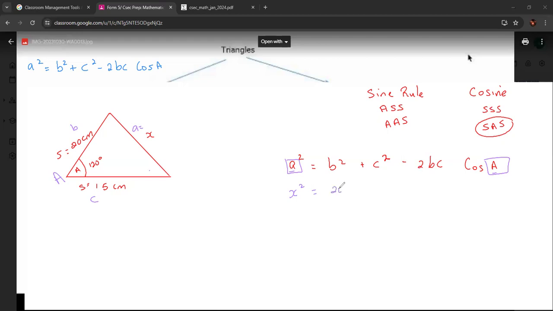So that will be 20 squared plus c, which is 15 squared, minus 2 times b. Remember, we had b as 20, and then c, we had that as 15, cos of A, and A, in this case, is 120.